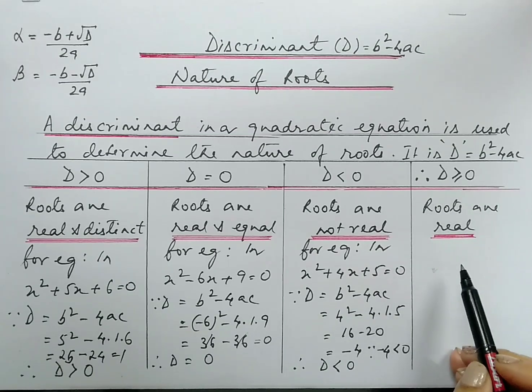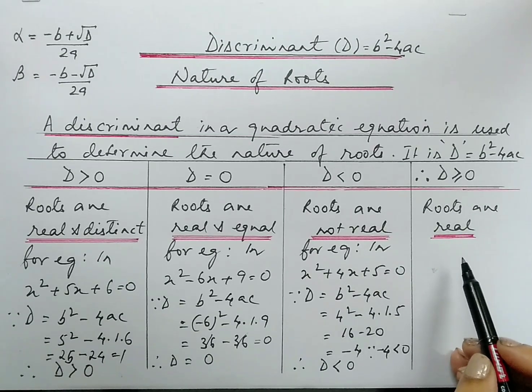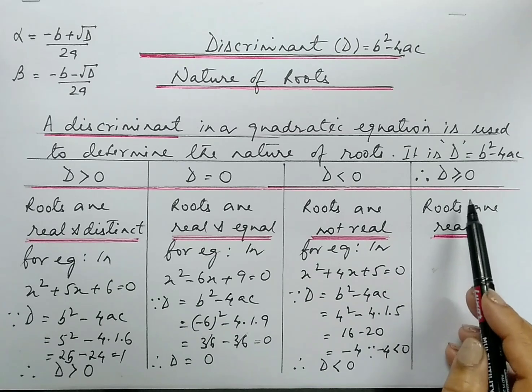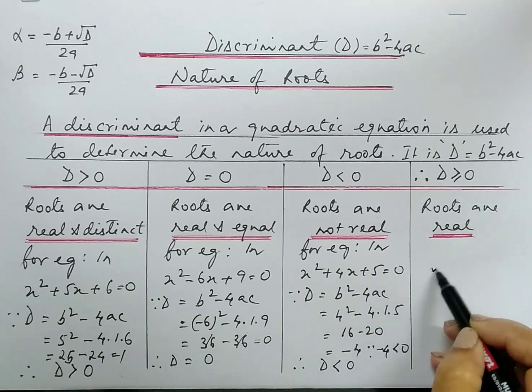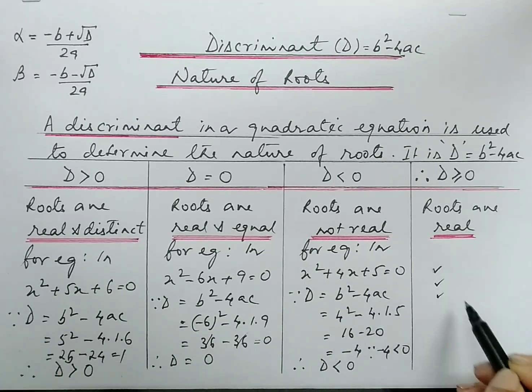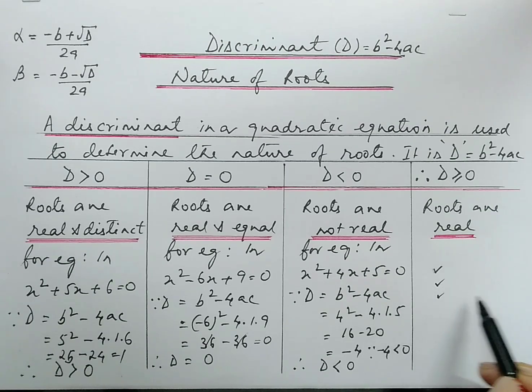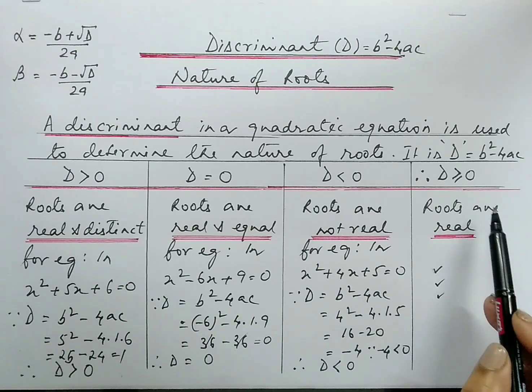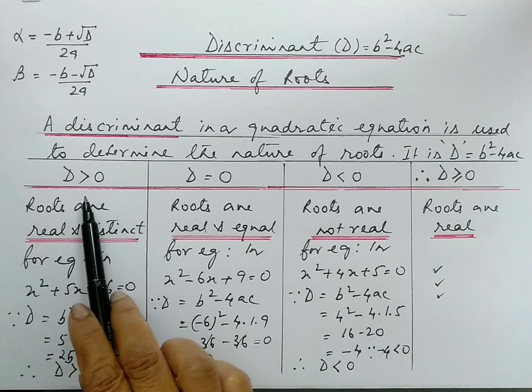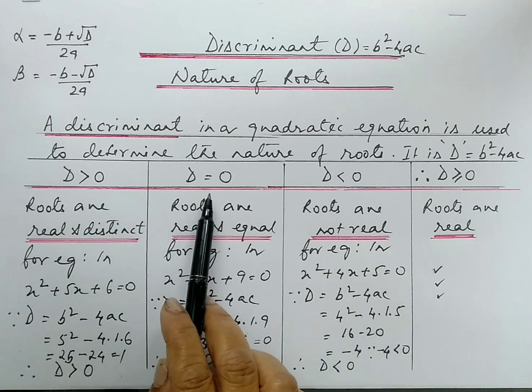This is quite important, because sometimes they might give you MCQs and ask you to find out which of them have got real roots. In that case, please don't use this or this.